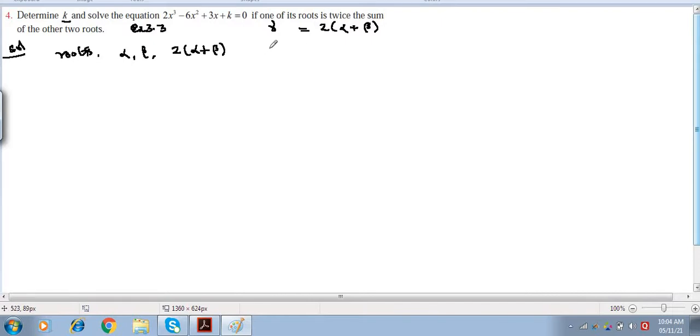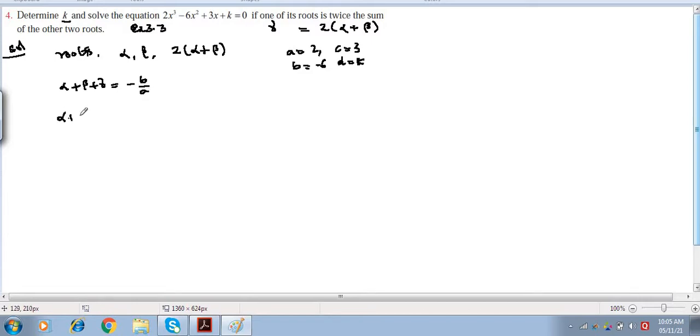From the given equation we know that a is the x cube coefficient, 2, b is the x square coefficient, minus 6, c is the x coefficient, 3, and d is the constant, that is k. First we use the sum of the roots: alpha plus beta plus gamma is equal to minus b by a.